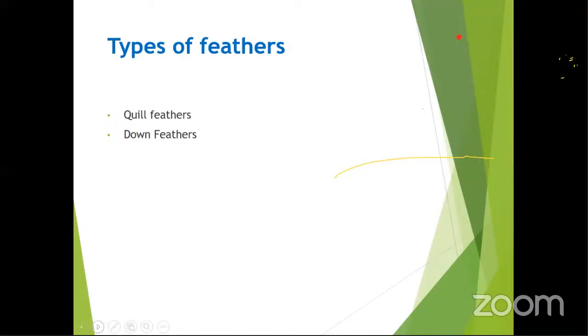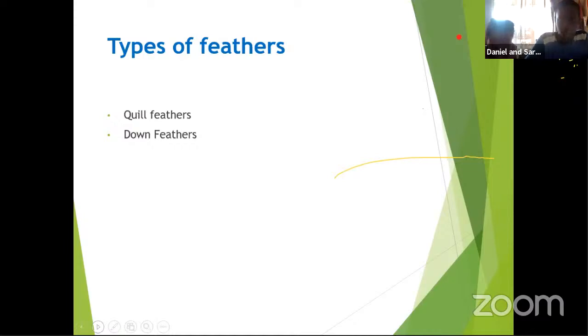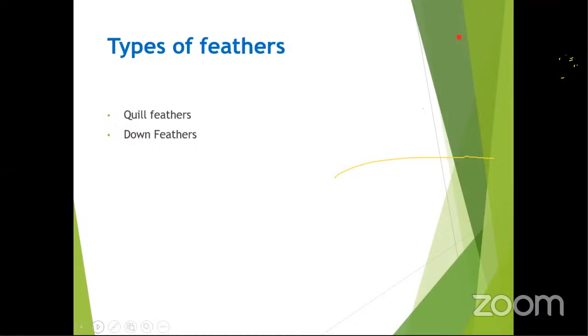Some people may ask you questions that, what are these down feathers? So how do I know that these ones are down feathers? Yes, Daniel. Flight feathers. Oh, okay. Daniel is still giving us another type of feathers. I thought you wanted to explain for us what down feathers are.